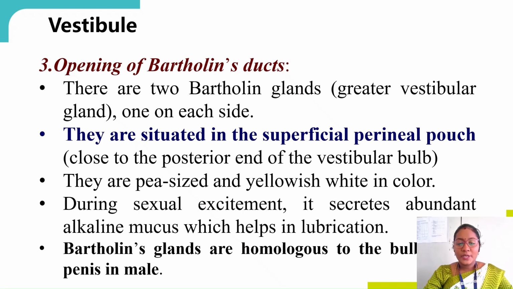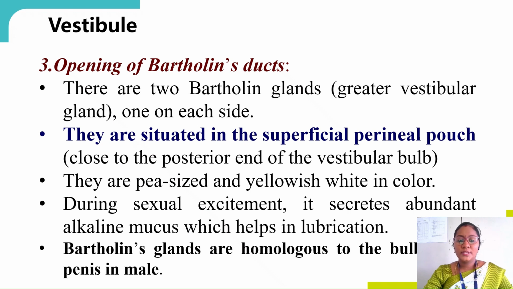The third opening is the opening of the Bartholin duct. We already discussed the urethral opening and then the vagina and hymen. There are 2 Bartholin glands, also known as the greater vestibular glands, one on each side.